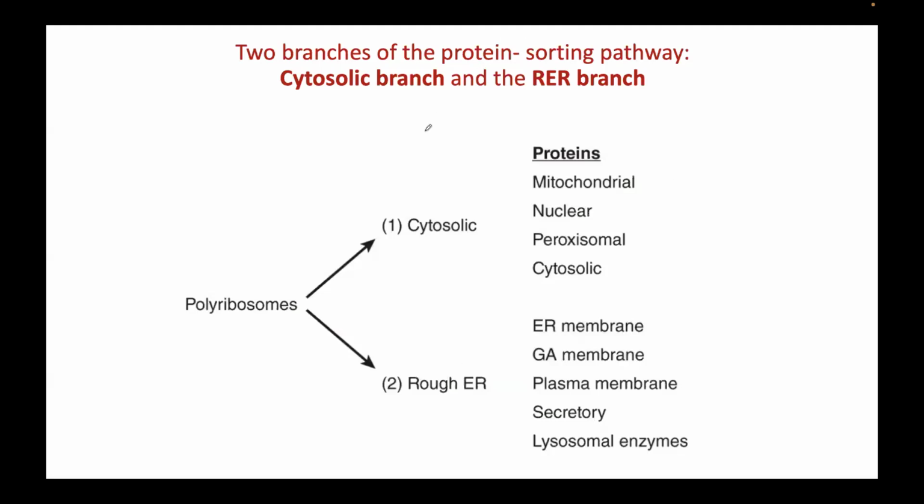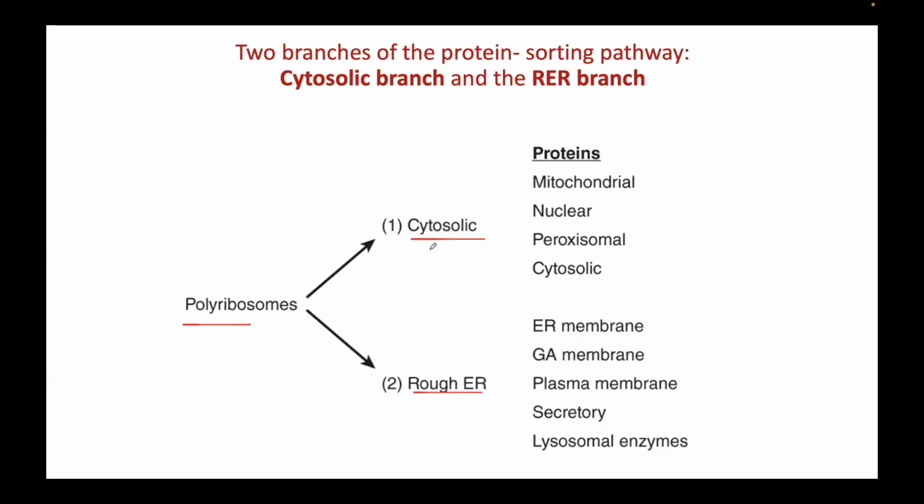Now, sorting of proteins. From the polyribosomes, we have what we call the cytosolic and the rough endoplasmic reticulum branches. These are the types of proteins which will be sorted in the cytosolic branch: mitochondrial proteins, nuclear proteins, peroxisomal proteins, and cytosolic proteins.